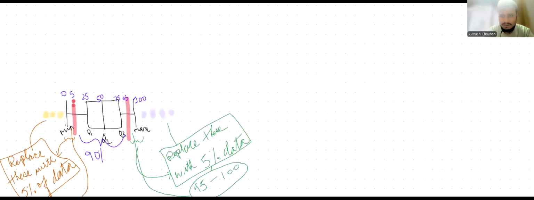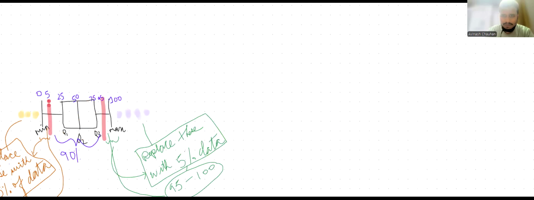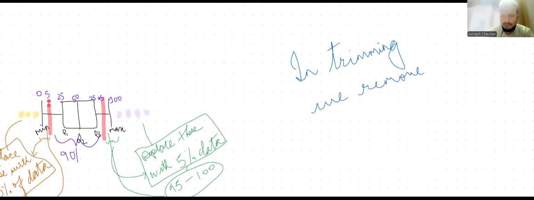So in trimming, we remove these values. Again, which values are we removing?